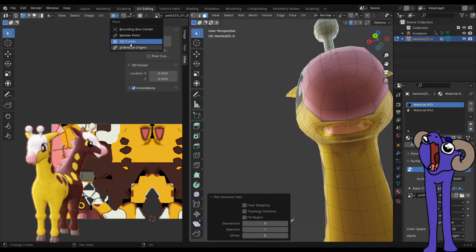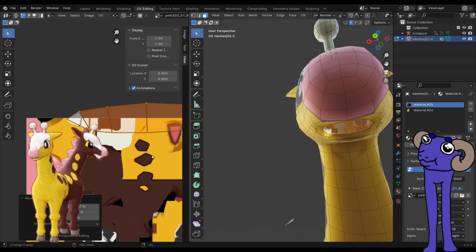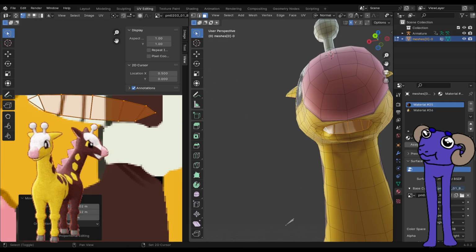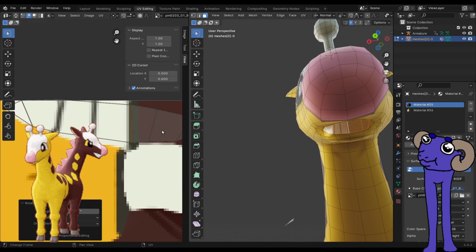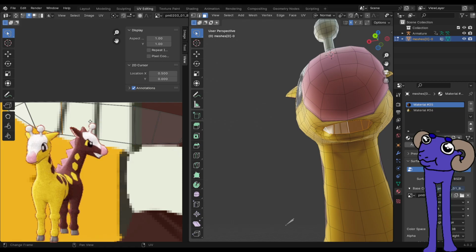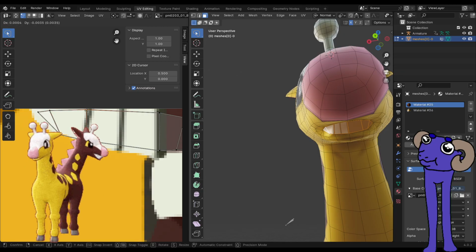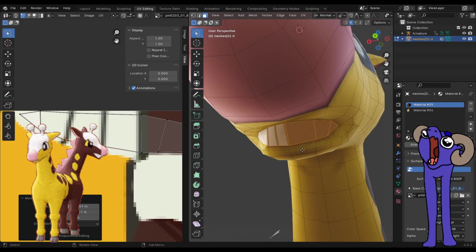Okay, so let's go to bounding box center. Rotate you like this. Make you a lot smaller. And okay, this is giving less grin, more whatever valley.